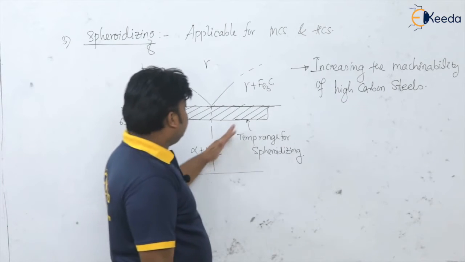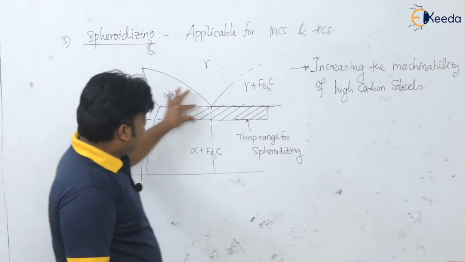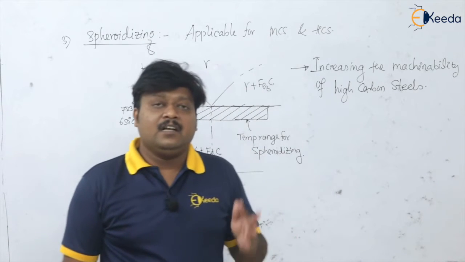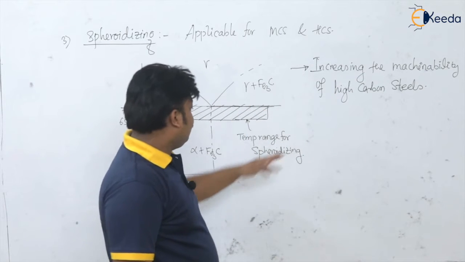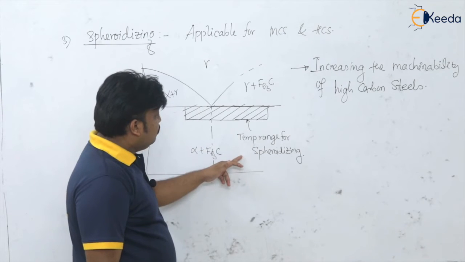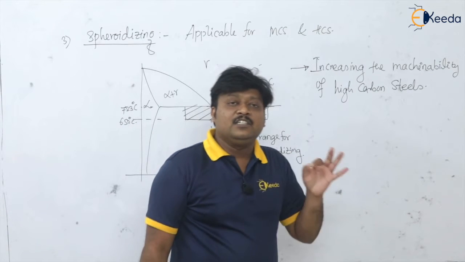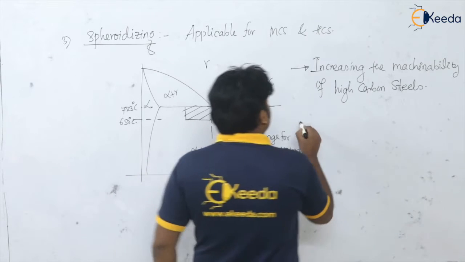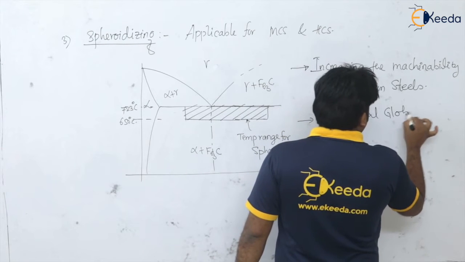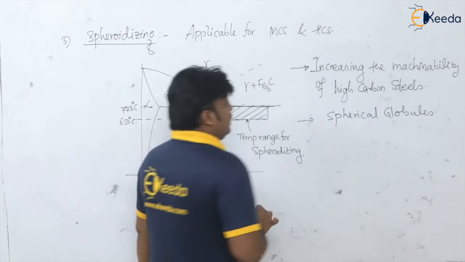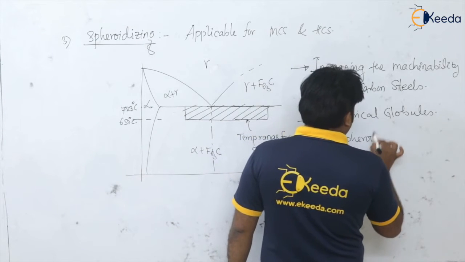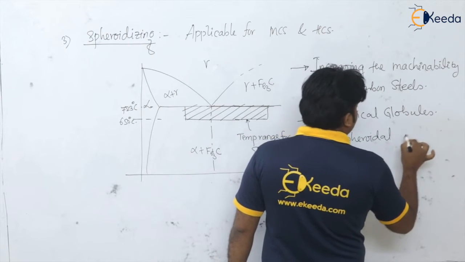When we heat it just below this lower critical temperature, whatever cementite is present in this steel, the matrix is of course alpha, and this cementite gets converted into the globular form, or into spherical globules. That's why the name is spheroid, or spheroidal globules.